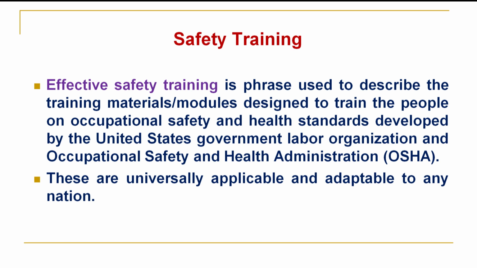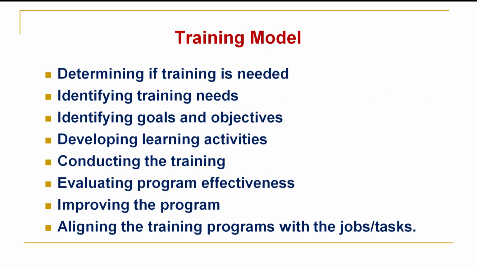This OSHA organization provides the standard training materials and modules used to train people in the industry to protect them from hazards and provide various occupational safety to employers and workers. It is universally applicable and adaptable to any nation. The training model, including how the training is needed, should be determined.